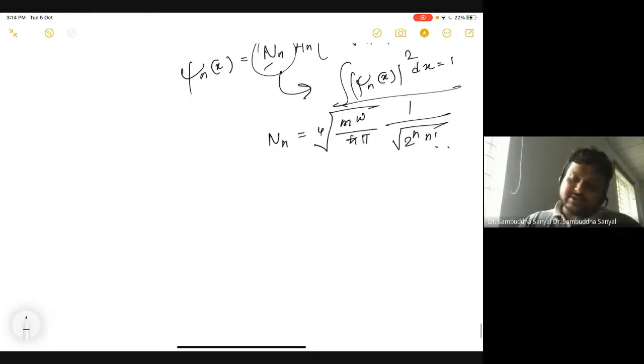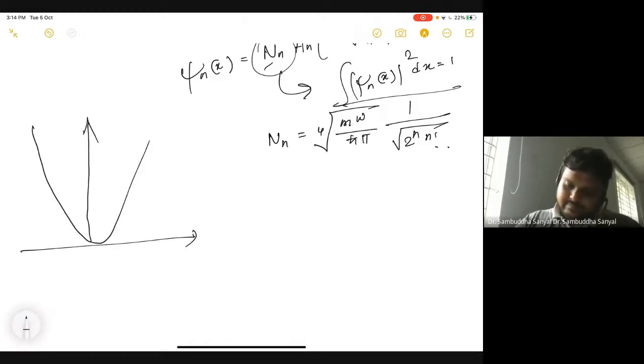So how does this solution look like? If I plot it with the potential, this looks like, this is the ground state, this is the first state. Oops, I did it wrong.